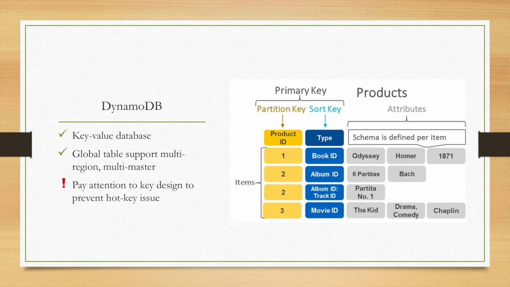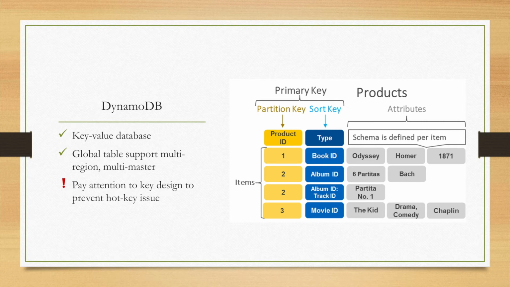For the NoSQL database, DynamoDB is widely used in AWS. It's a key-value database. If you want your database to be used across many regions, you can use global table. It supports multi-region and has multi-masters.